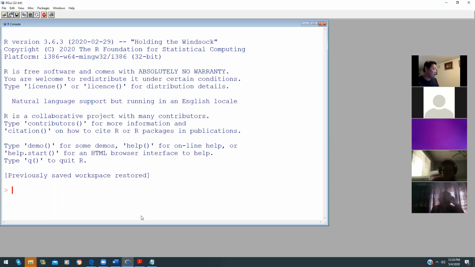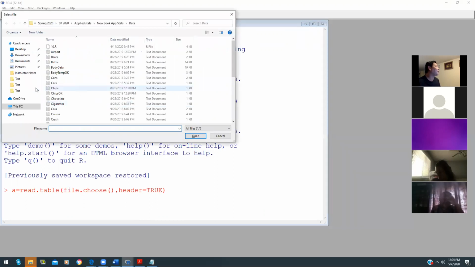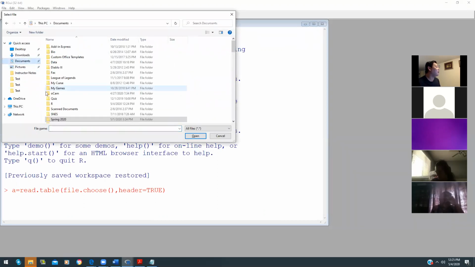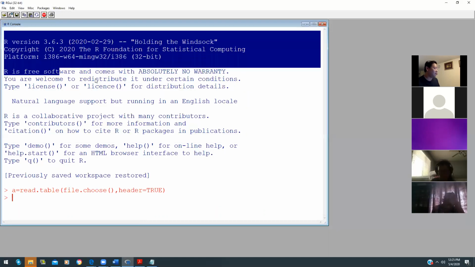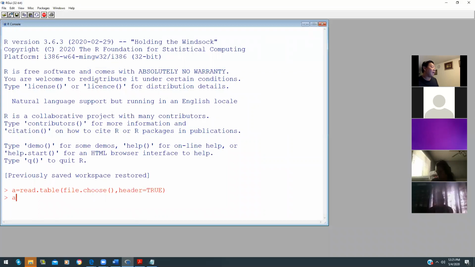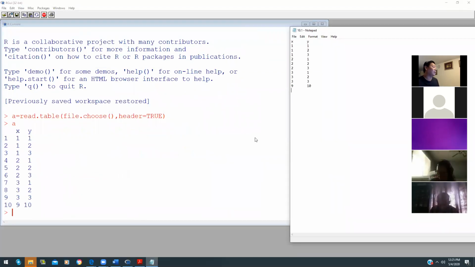Use A equals to read table, because if you use X equals to read table, you will have a lot of difficulty. And then you pick the file name. I think I saved it under my R file, chapter 10.1. There you go. And I want you to press A, enter.